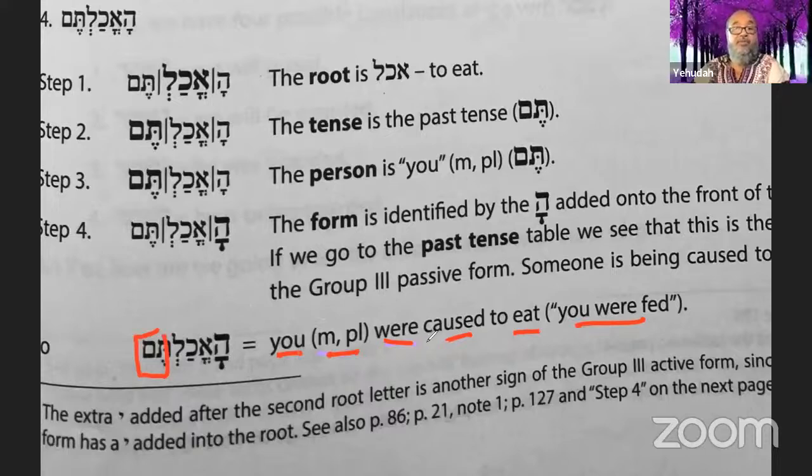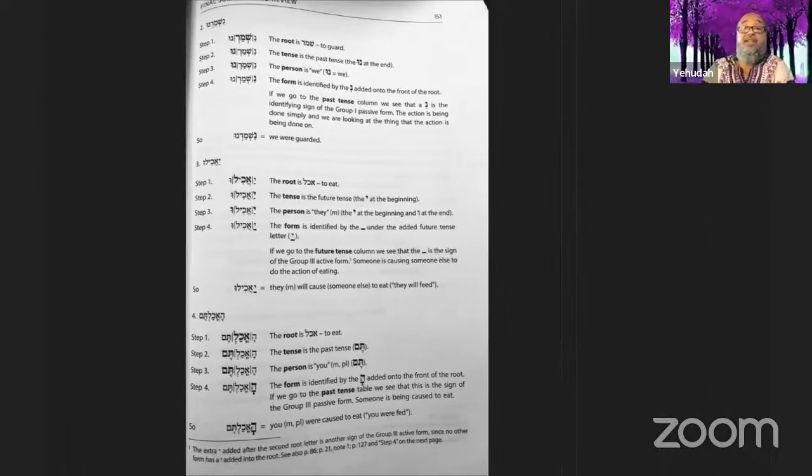Caused is right here. Were is right here. To eat is right here. That's what it is. So in order to translate it, you were passively caused to eat. You were fed.